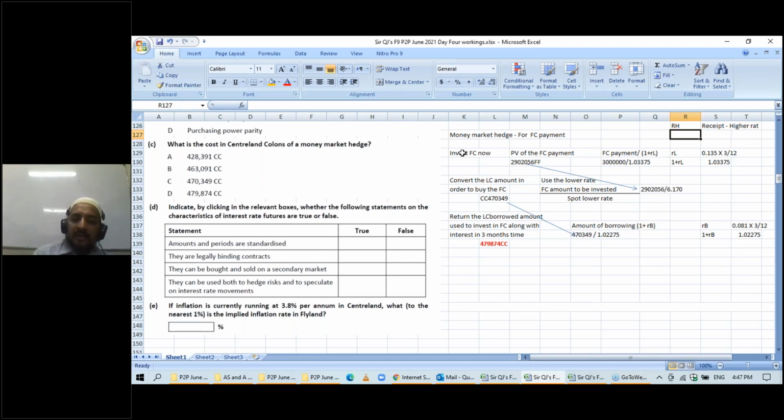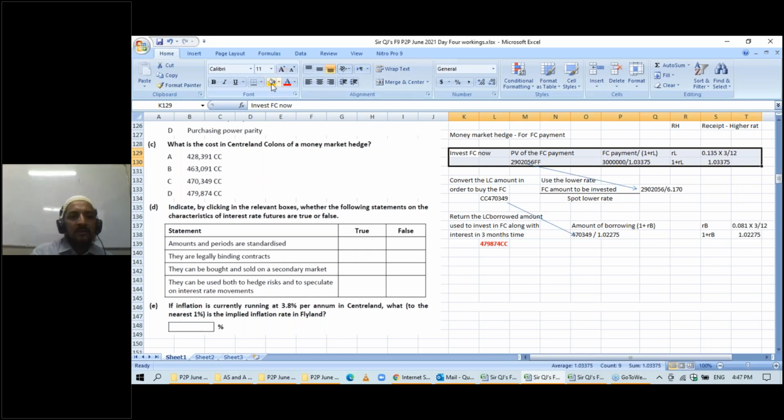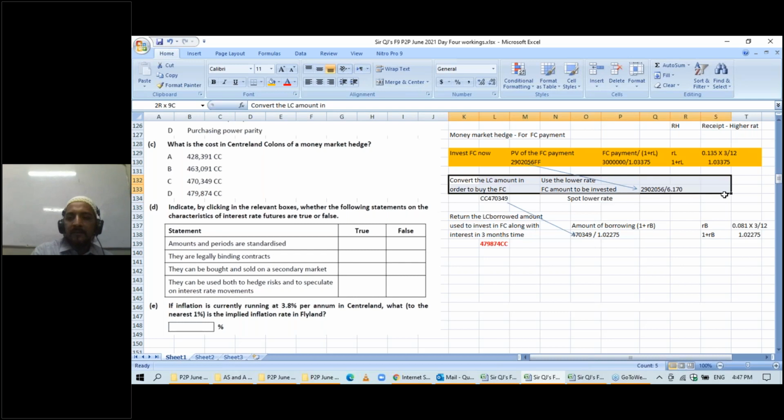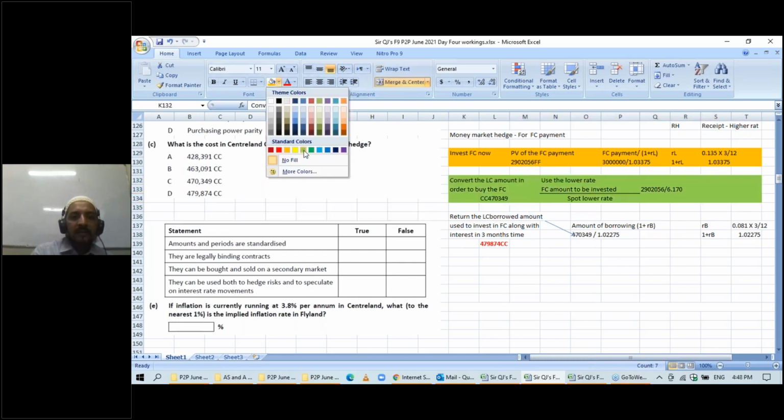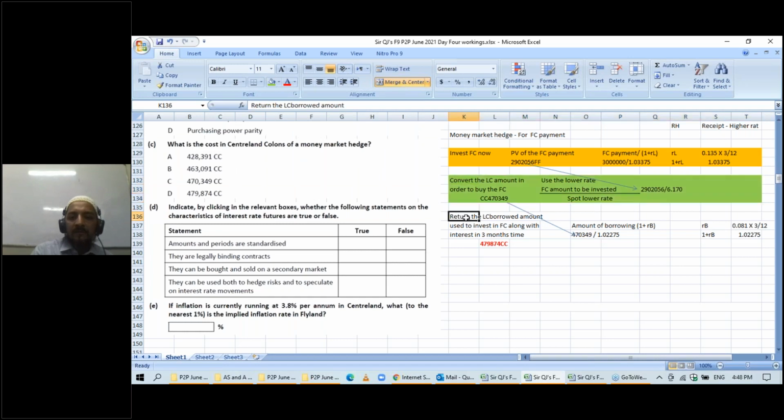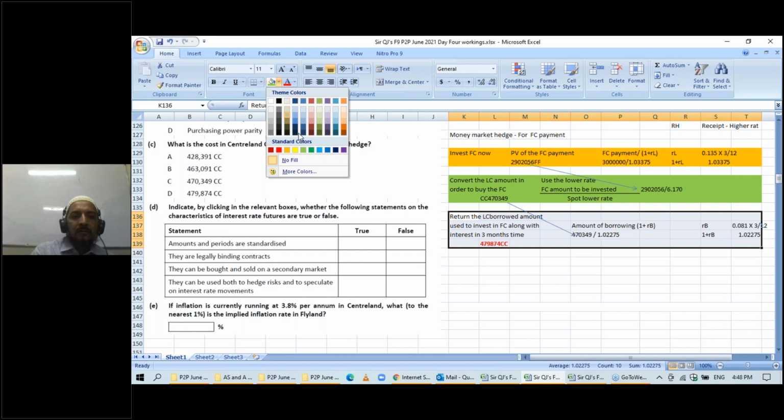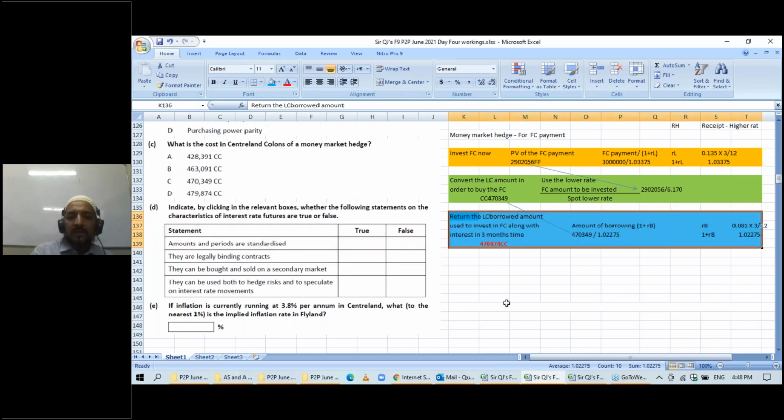It's a 3-step strategy in the receipt also, and a 3-step strategy in the payment as well. Let me shade these 3 steps: the golden step, then the second step in green, and the third step shaded in blue. So these are the 3 steps.